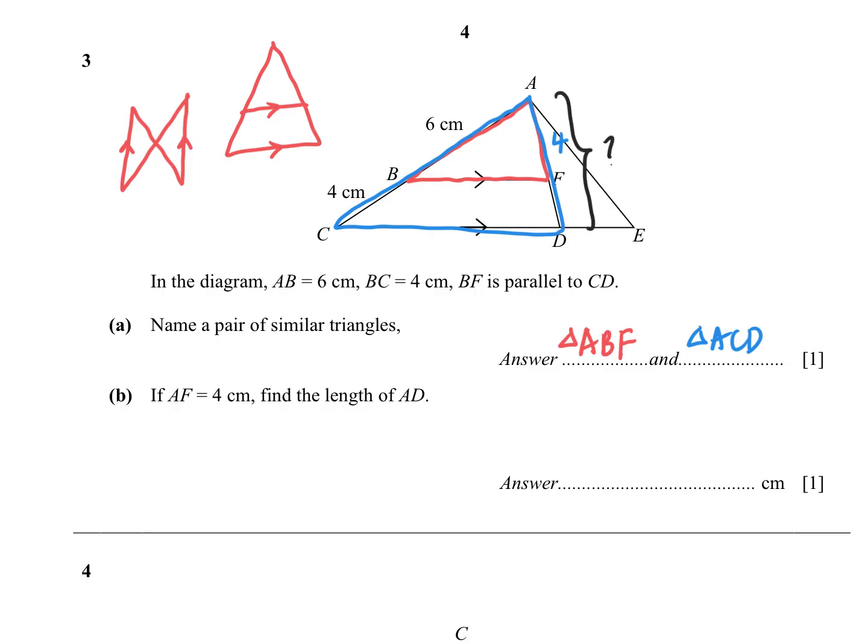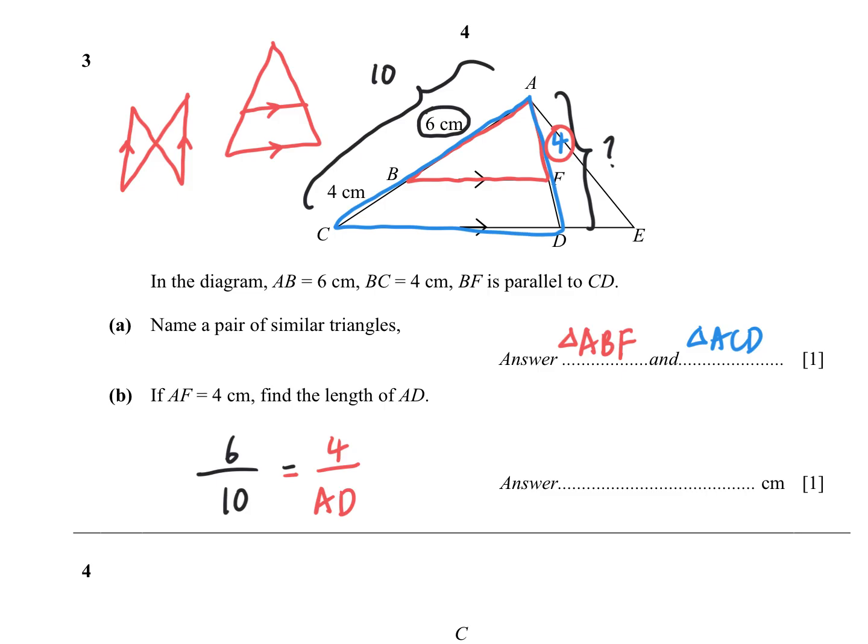So remember the ratio is the same. The small one to the big one is 10. So the small one to the big one must also follow the same ratio.